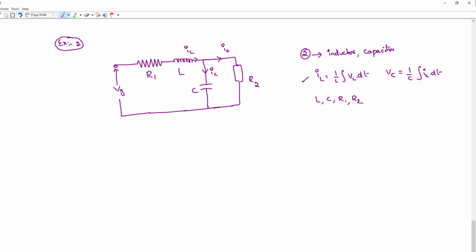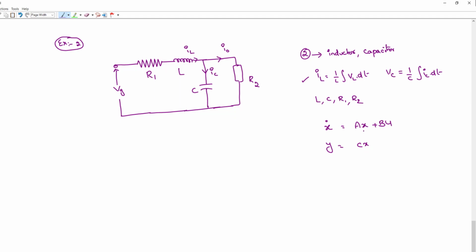This is a second order system, because two energy storage elements are there. Our state space analysis indicates x dot is equal to Ax plus Bu, y is equal to Cx plus Du. Since there is no direct connection between input and output, there is no feed forward, so D is 0, only C is there.